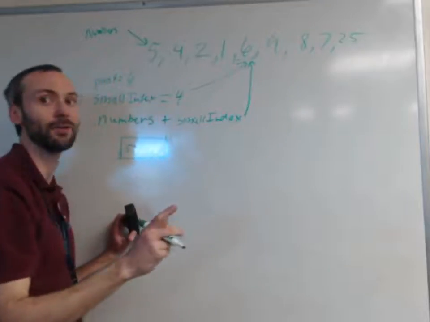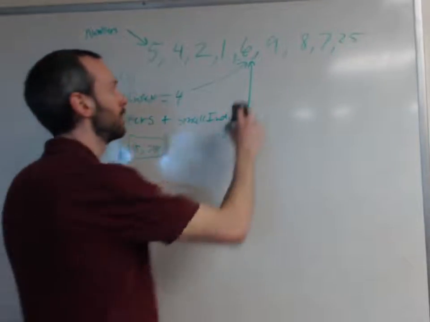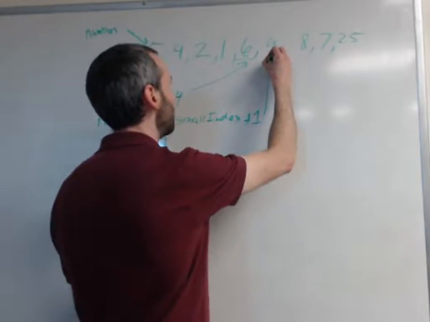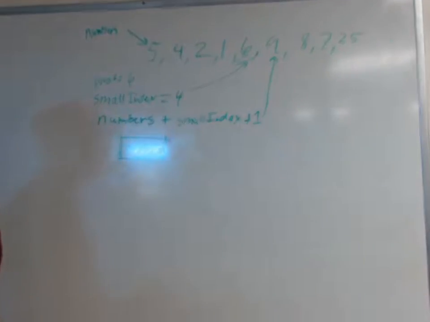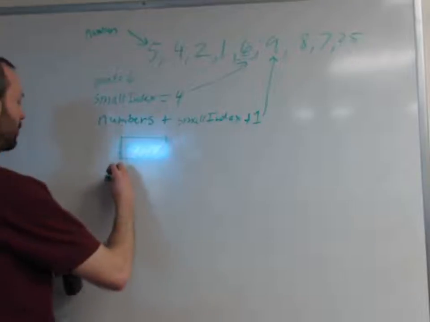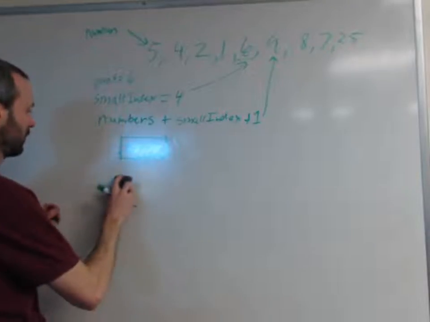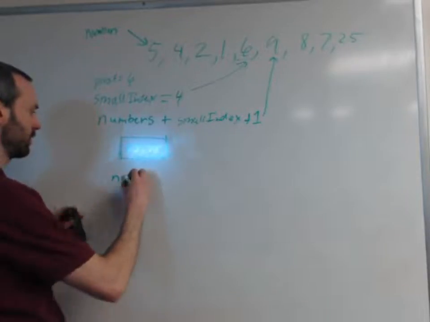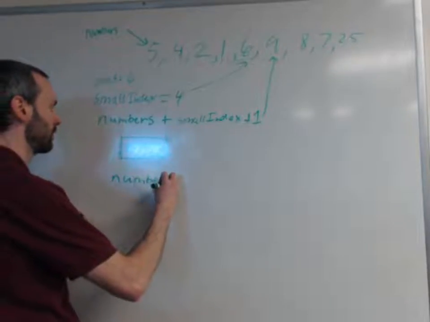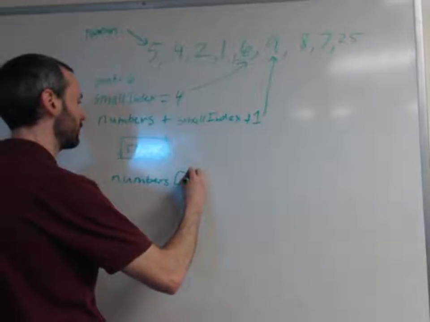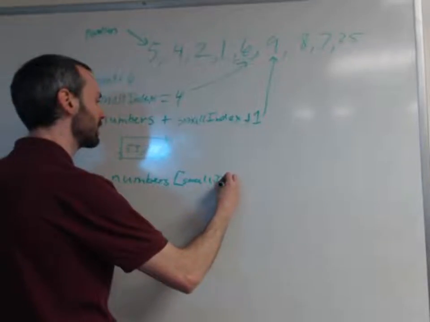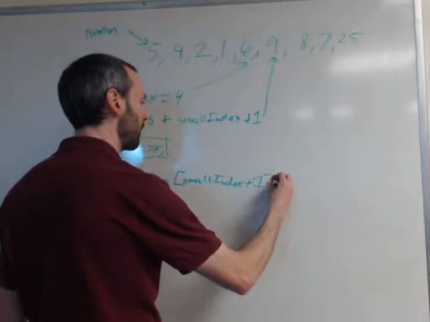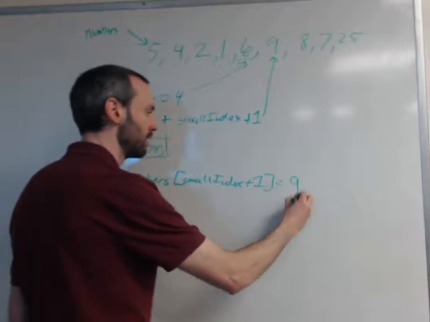So we don't want that. We want to go over one more, right? Plus 1. And it points to that 9. Okay? Now, numbers. So, small index plus 1 equals 9, right?